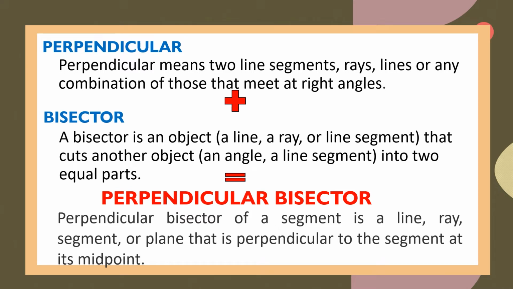And bisector is an object, a line, a ray, or line segment that cuts another object, an angle, a line segment, into two equal parts. When these two words combine, it is equal to perpendicular bisector. And perpendicular bisector of a segment is a line, a ray, a segment, or plane that is perpendicular to the segment at its midpoint.